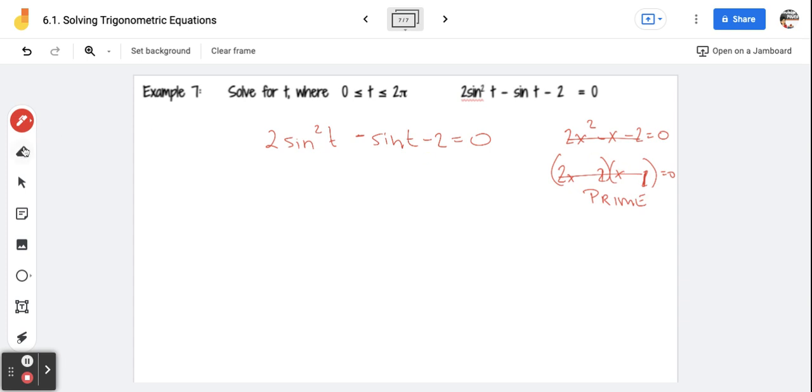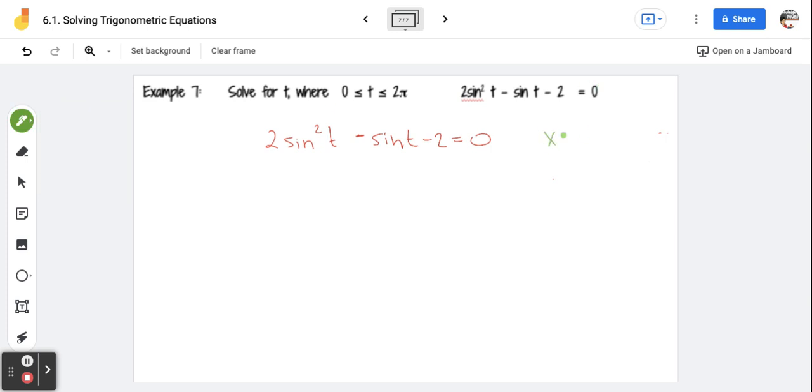So what do you do with a quadratic equation when you can't factor it? The answer is you use the quadratic formula. That's what we'll do. So we are going to solve this using the quadratic formula. That's one of those things that you should know, but if you need to look it up, you could.